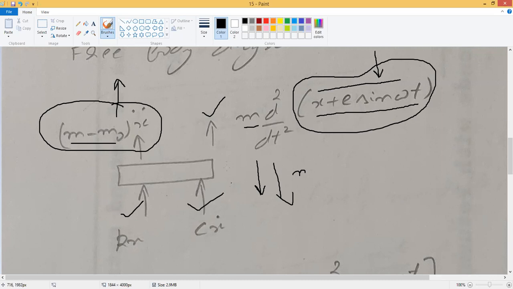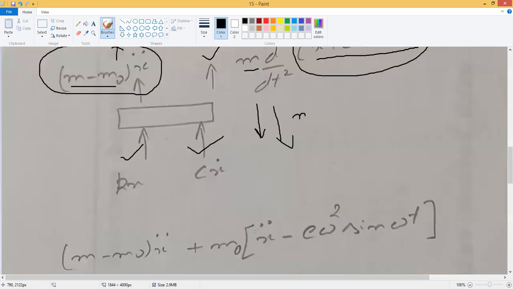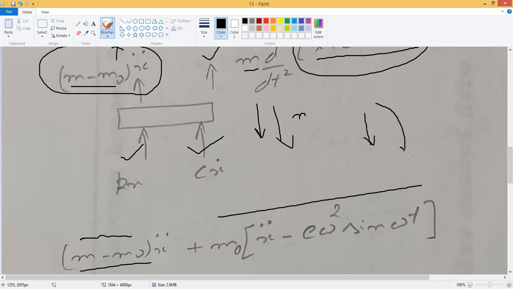And at the last step, you add all the forces together. So I have the inertia force as the first term. This is because of the purely oscillating mass. Then I have inertia forces because of the mass which is undergoing both linear and angular displacements.